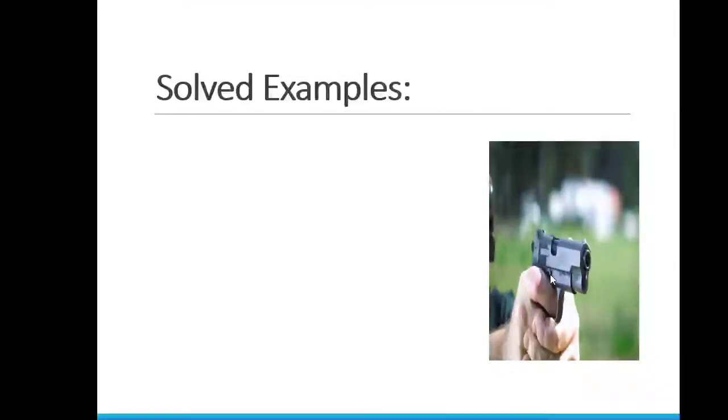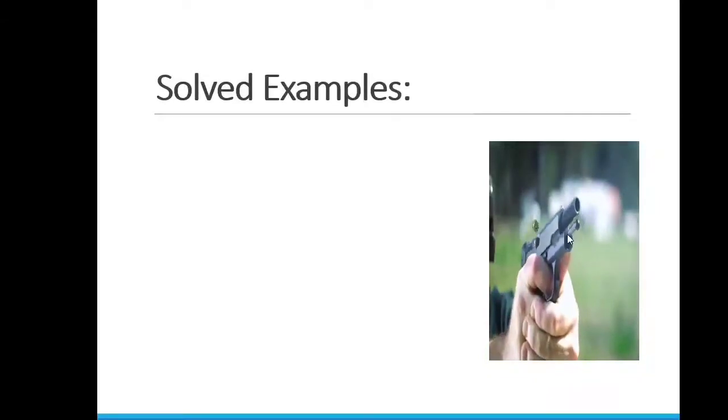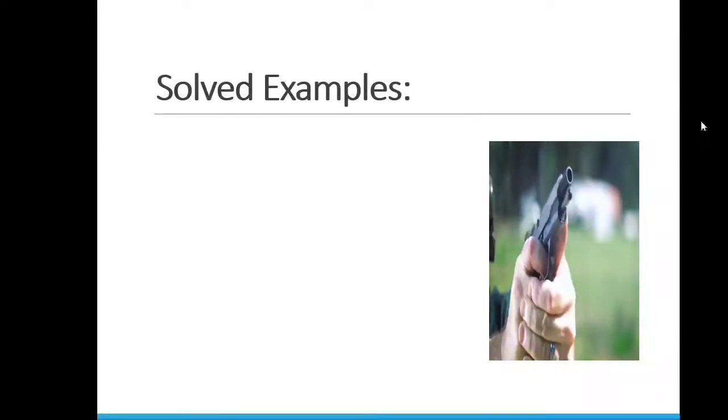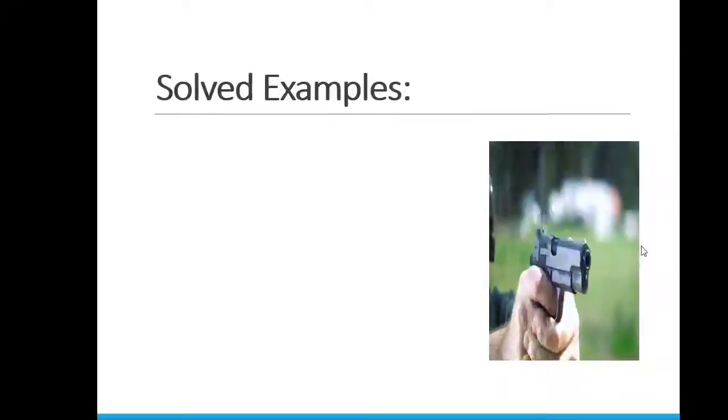Horizontally they have kept it, the bullet goes forward and the pistol moves backward. This happens because the bullet is pushed out of the pistol with some force, and the same recoil force acts on the pistol, which pushes it in the opposite direction. Action force is on the bullet and reaction force is on the pistol.